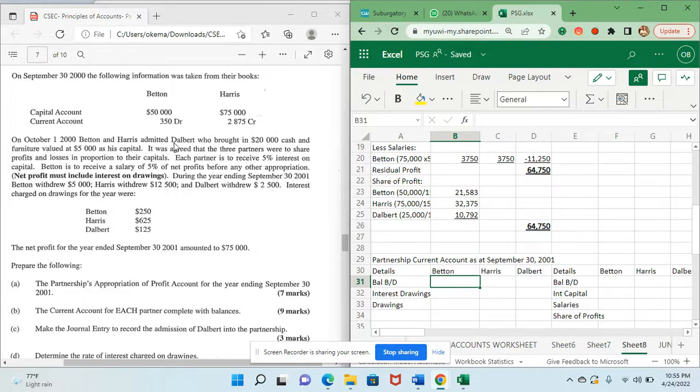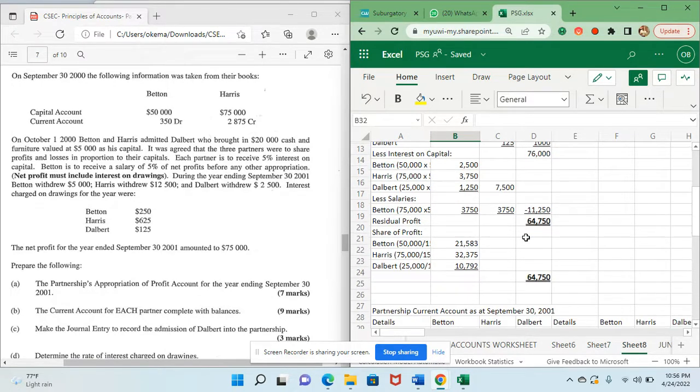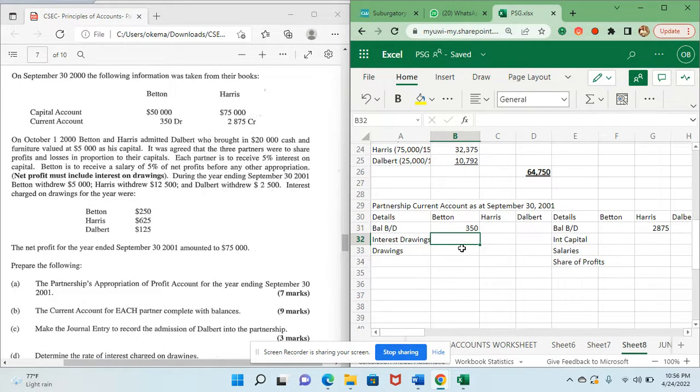So again, we had our current account balances. So we had 350 for Baton and we had 2,875 for Harris, right? So again, all this information that we did on the top part, we're just getting back the information there, right?